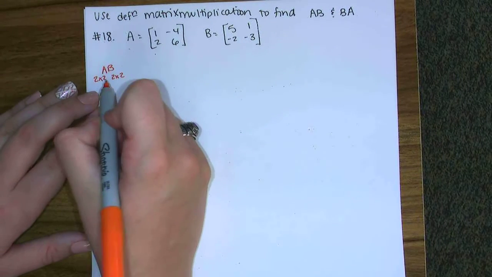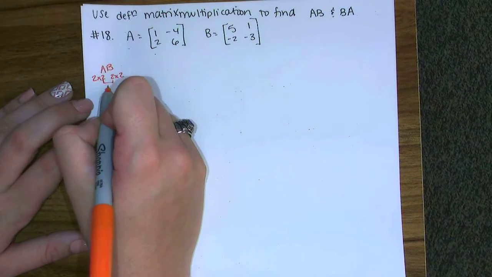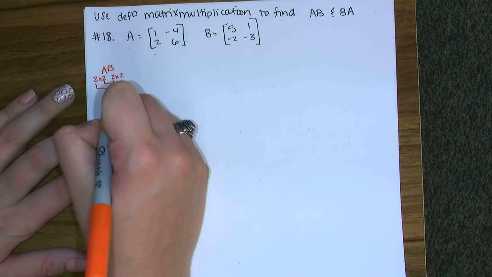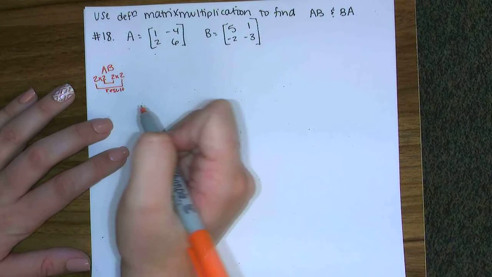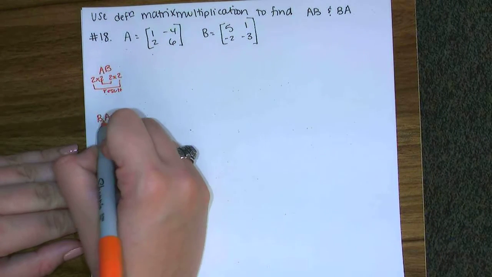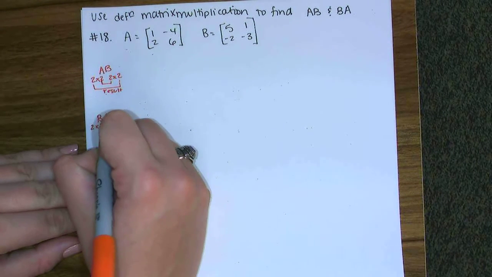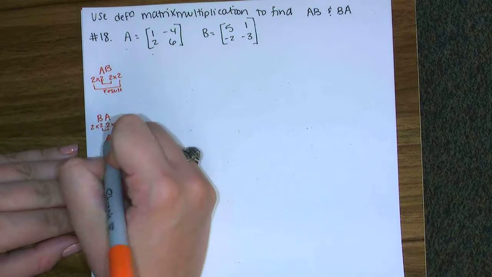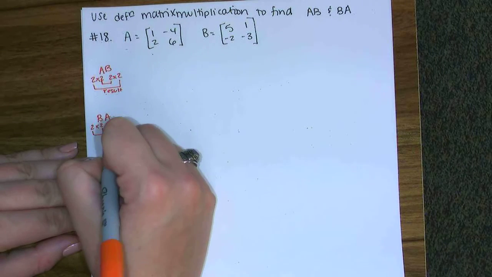These middle two match, and then these outer two are my resulting matrix. Okay? When I go to do BA, I still have a 2 by 2 and a 2 by 2. Middles are still the same, so this outside is going to be the result.